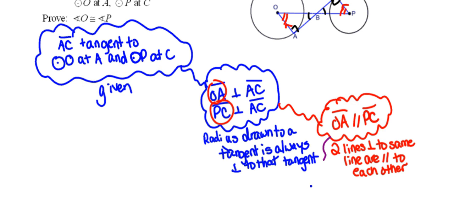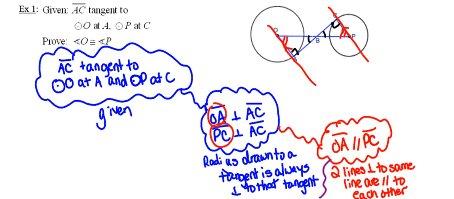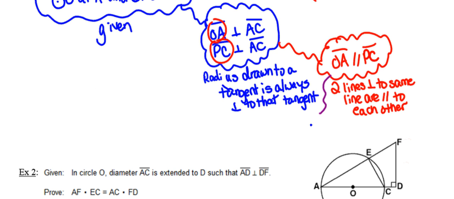And then lastly, once these 2 lines are parallel to each other, I know that alternate interior angles have to be congruent. And I hope you're seeing this in the diagram. But if you don't, those red lines are my parallel lines. That purple segment is the transversal. So the angle at O and the angle at P are the pair of congruent alternate interior angles. So angle O is congruent to angle P.